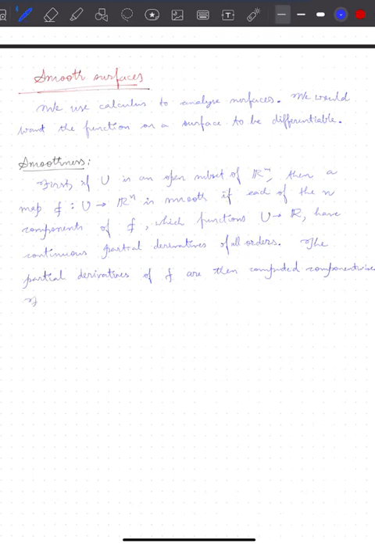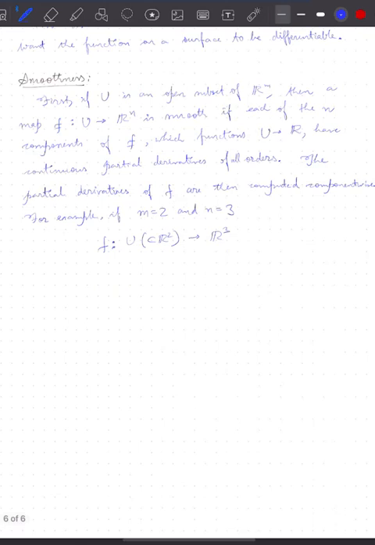So for example, if m is equal to 2 and n is equal to 3, then the mapping takes place from U, which is a subset of R2, to R3. This is what's happening in the mapping.